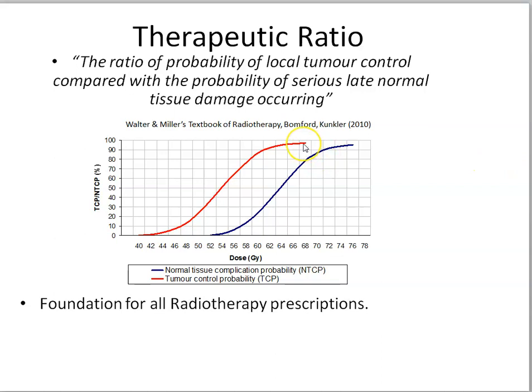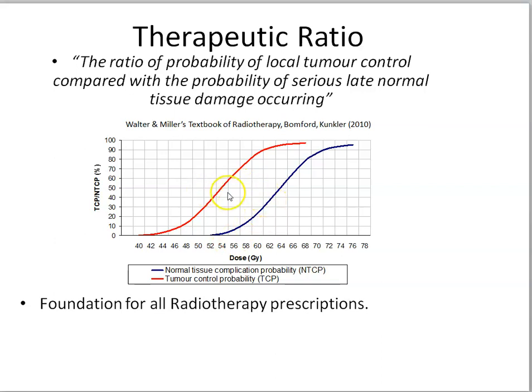So if we want a 97% chance of controlling that tumour effectively, we could give this dose, but that would have a very high chance of having some normal tissue complication. Whereas if you went to somewhere like here, you would have an 80% chance of controlling that tumour with just a 20% chance of causing some long-term problems as a result of the radiation.